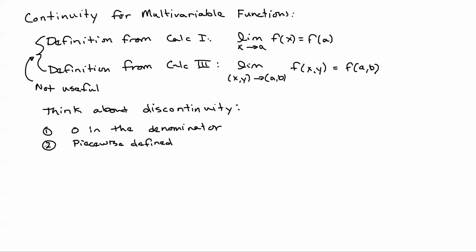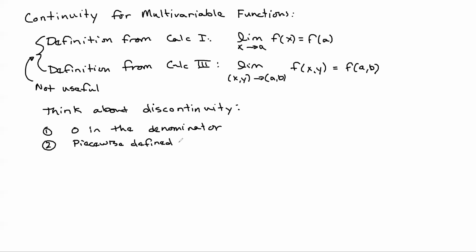So these are slightly different from multivariable to Calc 1, but they still are similar enough, and that is any 0 in the denominator is going to just break stuff, right? There's no way that you can have the function be continuous in the sense that you could draw it without lifting your pen, if you want to think of it that way. It's still definitely going to break things.